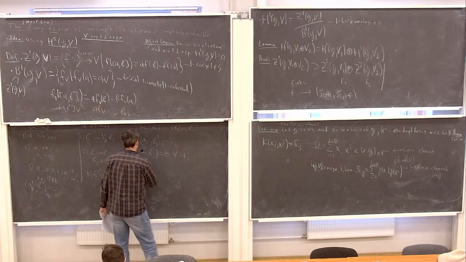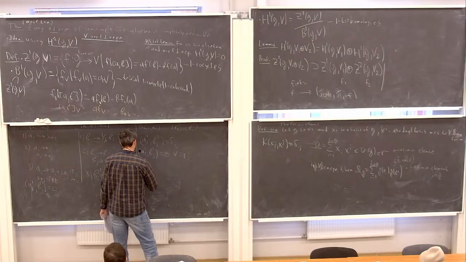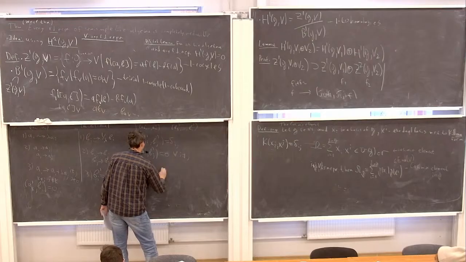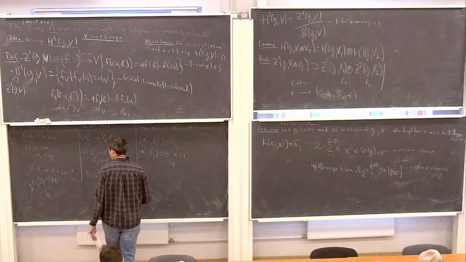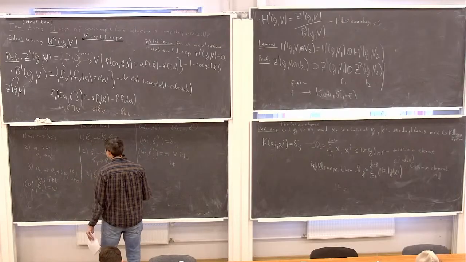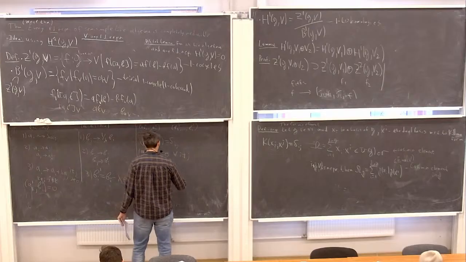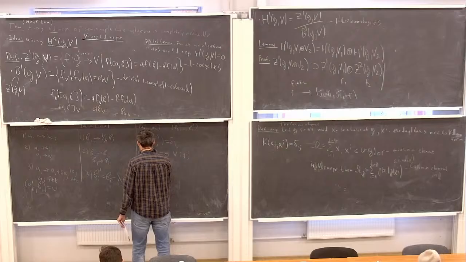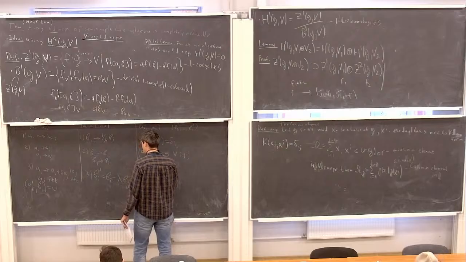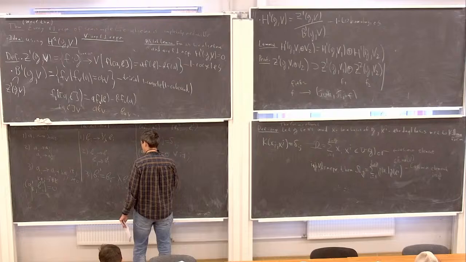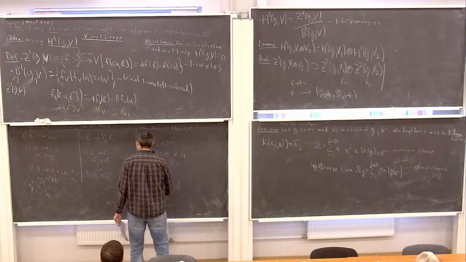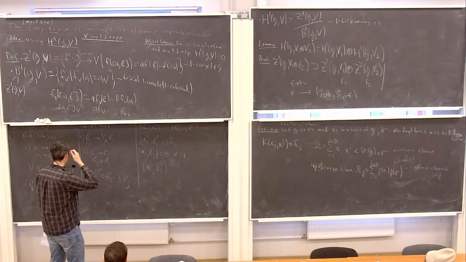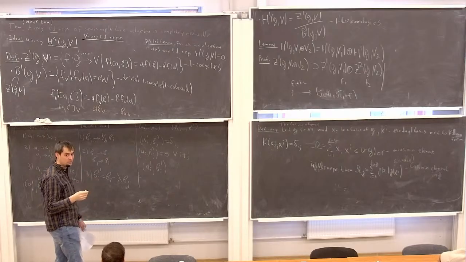So what do I have, if you have a_i prime, let's say that i is not equal to j. The only question is what we get if you have a_i with what? For example, let's compute a_i prime b_i prime. So here you have a_i plus lambda a_j, here you have b_i minus lambda b_j. What do you get?